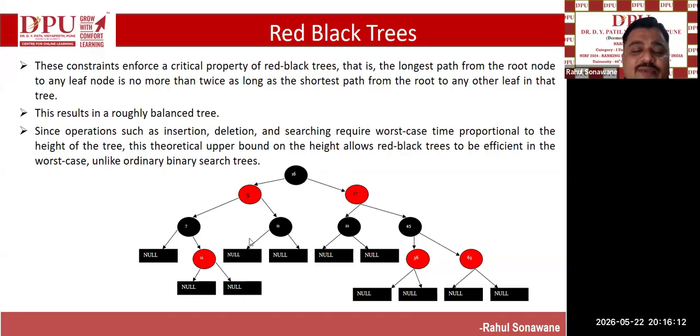Otherwise, these 10 values can be kept in a right skew tree with height 10. But here, the height of the tree is maximum 1, 2, 3. So here you can see the height of my tree is 3. So at most, 3 iterations will be required to process any one of the nodes in this tree.